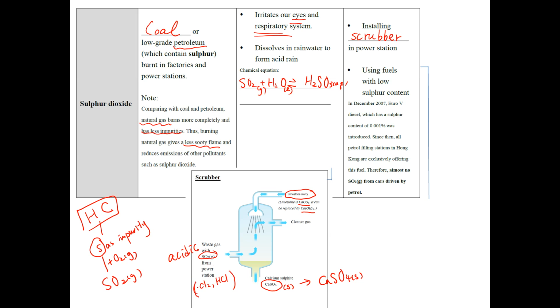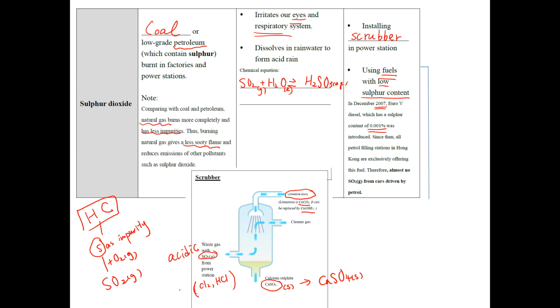And also another way which we can reduce the emission of sulfur dioxide is to use some fuel with low sulfur content. Actually, in Hong Kong, since 2007, the government requires the fuel to have very, very low sulfur content, let's say 0.001%.